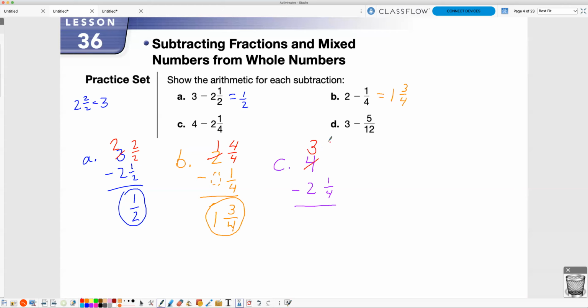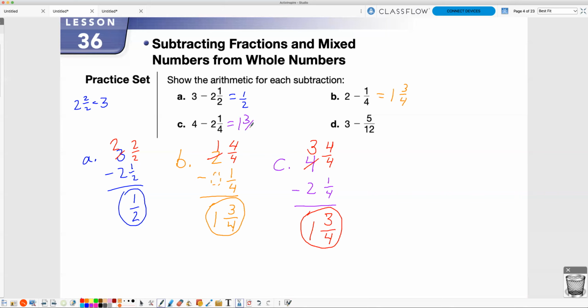This is going to be 3 4/4. Why did I choose 4? Because this denominator is a 4, so I'm going to choose that one. Now I have 4 minus 1 equaling 3, and the denominator stays the same, 4, and 3 minus 2 equals 1. So this would be my answer for letter C. You would have 1 3/4.